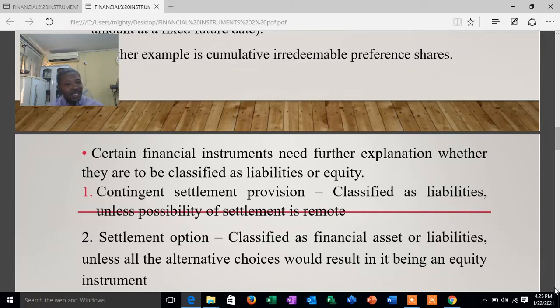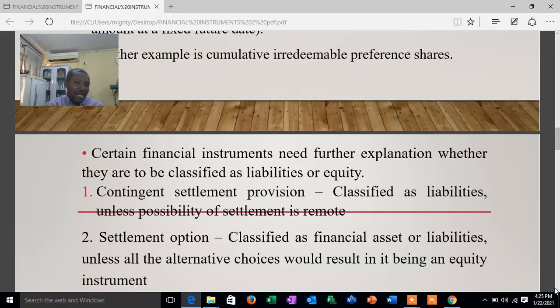So you are not certain about what that liability will be, or you're only making a kind of provision for it. So that kind of provision, as it affects financial instruments, is going to be classified as liabilities, unless the possibility of settlement is remote. That means the possibility of settling in the immediate future is not certain, so it can take years.